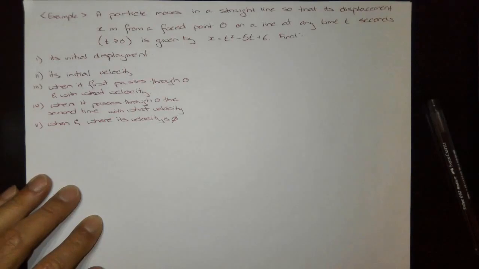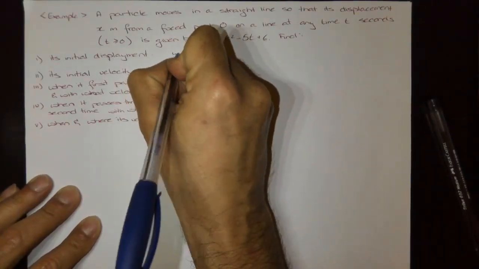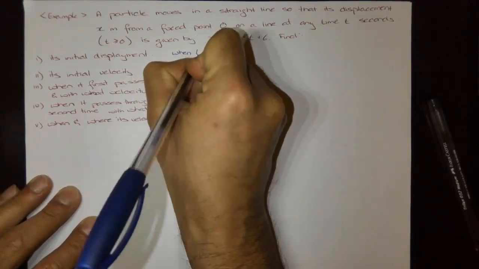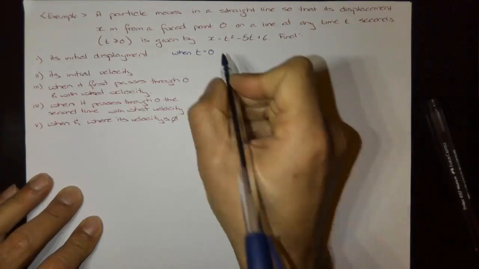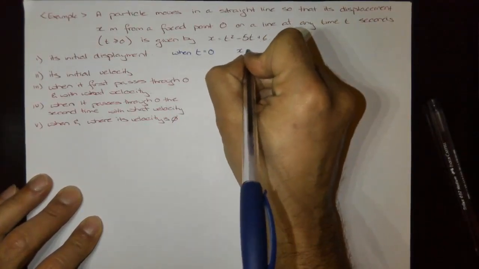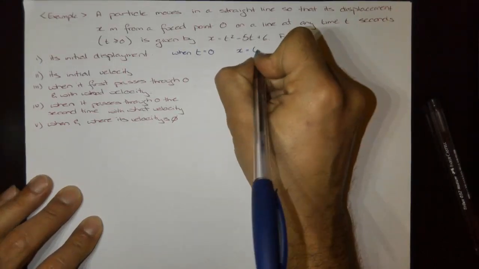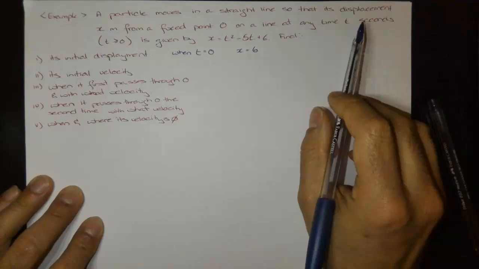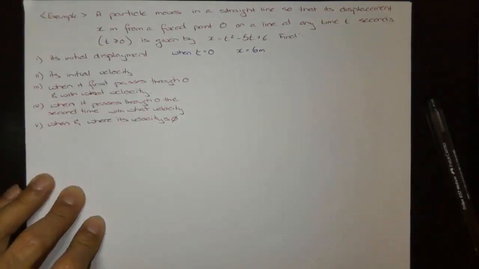So the initial displacement is when t equals 0. So x means displacement, and all we're going to do is plug it in. So 0, it's going to be 6. So it has moved 6 units or 6 meters initially when t is 0.